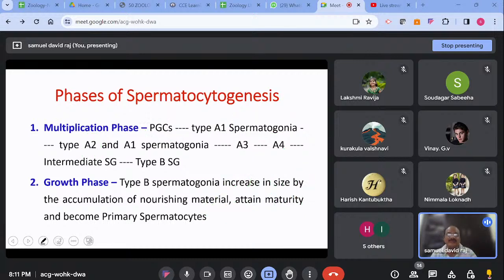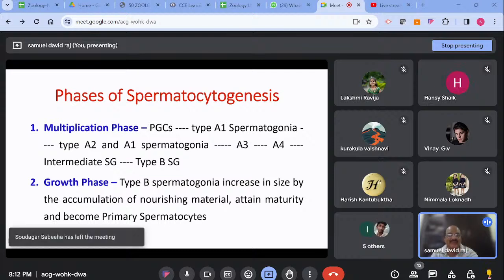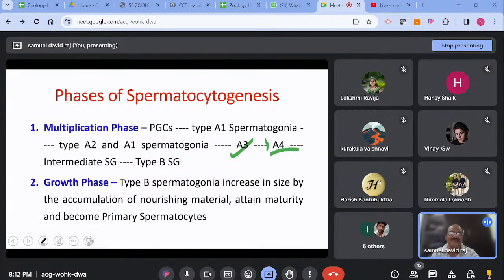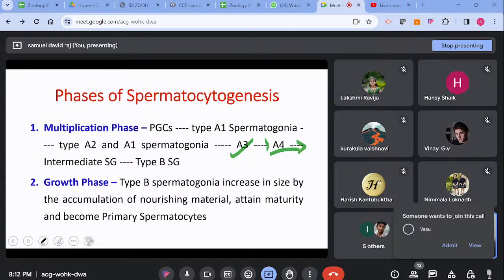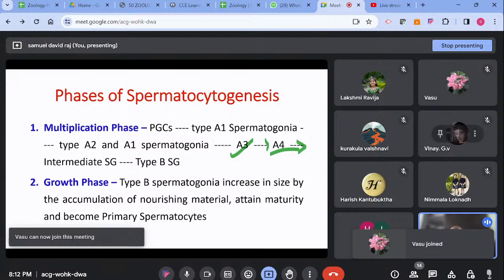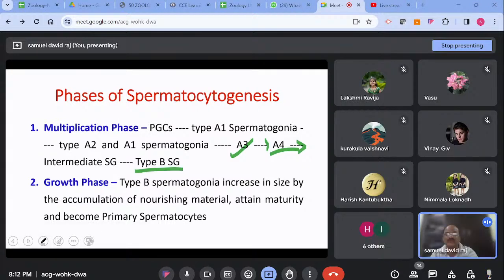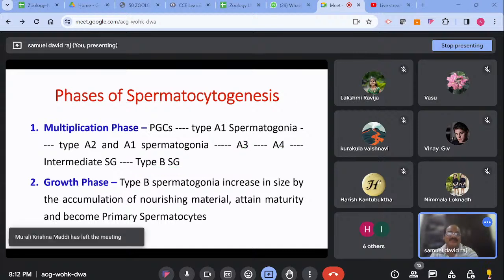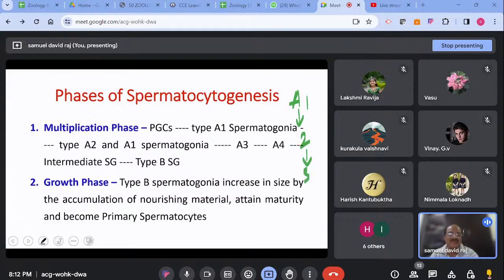And the type A2 spermatogonia now divide to form A3 spermatogonia, followed by mitosis to form A4 spermatogonia, which again undergo mitotic division to produce intermediate spermatogonia, which ultimately divide to form type B spermatogonia. Thus we come across type A1, A2, A3, A4, and finally type B spermatogonia.